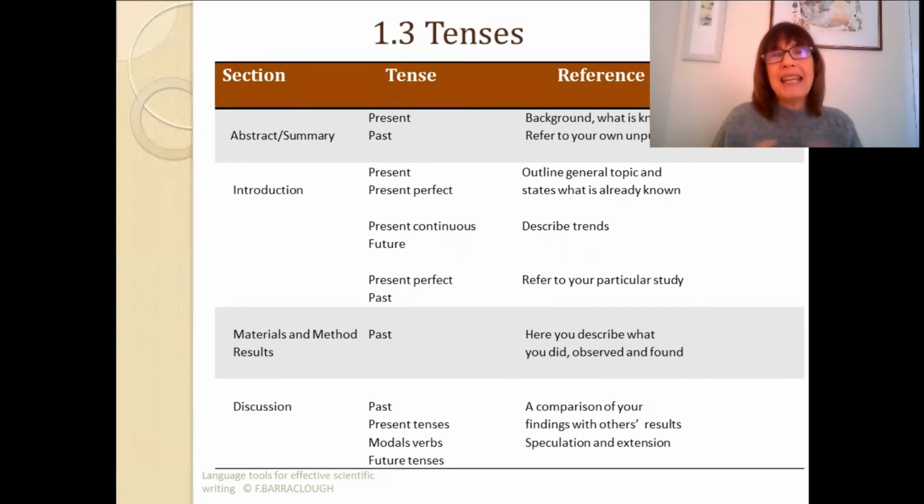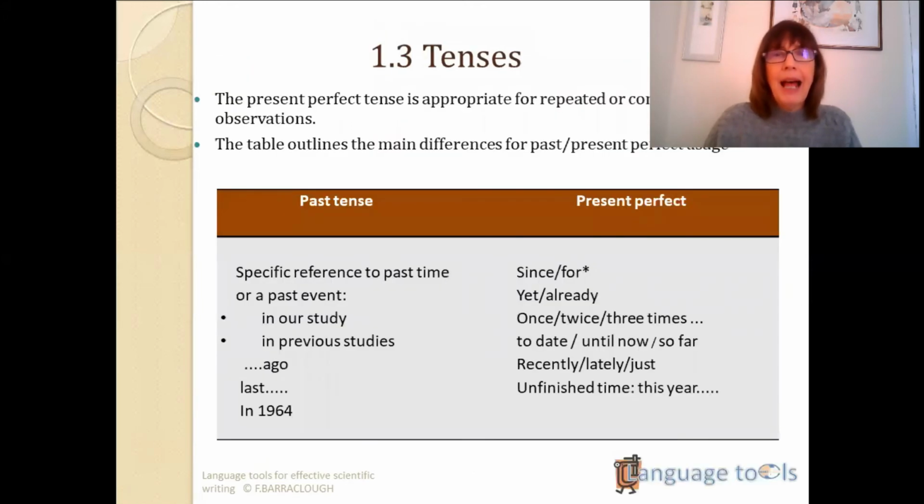So this is a table just as a kind of guide. Obviously in the course we're going to be looking at each section in detail and then we will come back to this, but this is kind of an introduction to tenses. Then just some grammar points to take into consideration here.